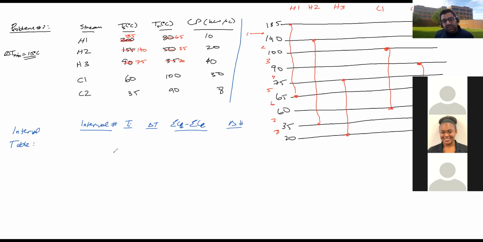So let's populate this table slowly. I have my first interval, interval 1. Initial temperature is 185.